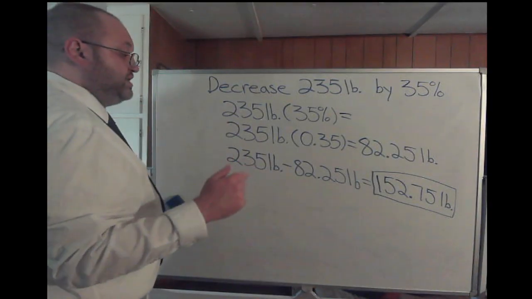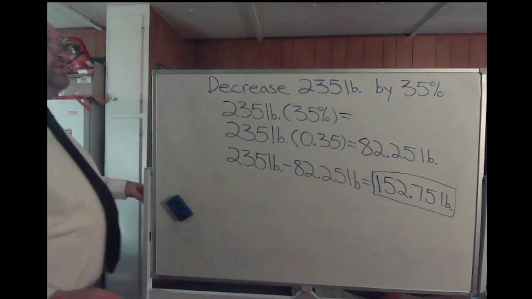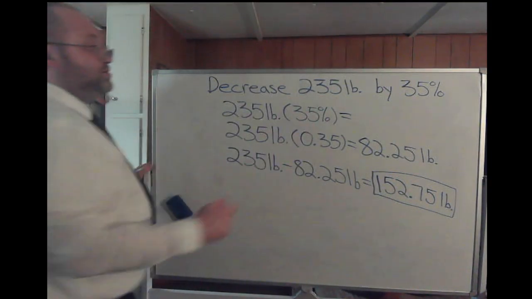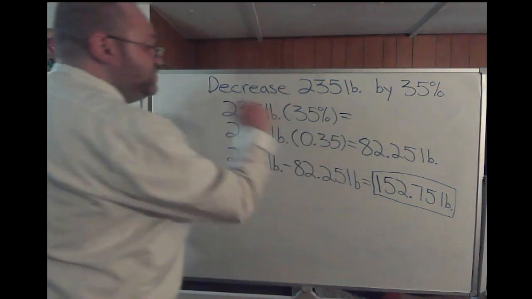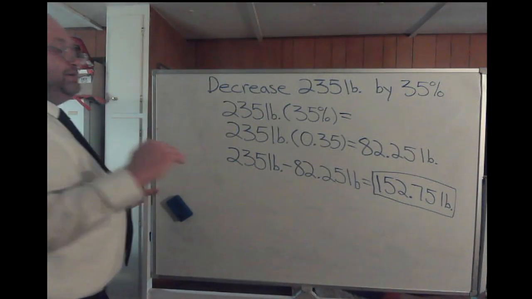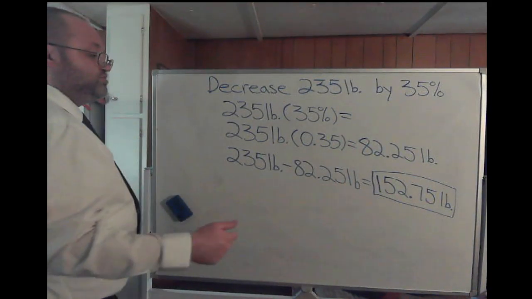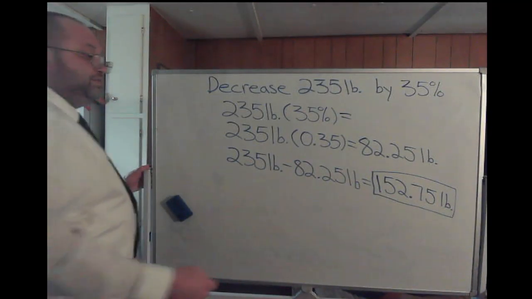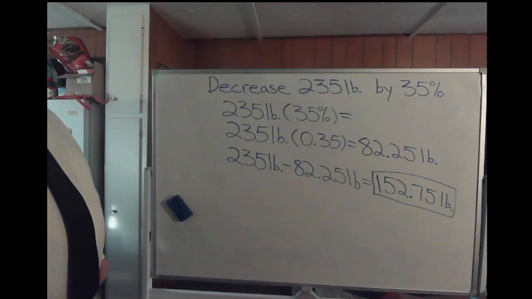Then if it's a decrease, you take the original minus the amount of change and you'll get what it should be. If I wanted to increase my weight from 235 by 35%, I would still figure out the change, the percentage of 235, but instead of subtracting it from the original, I would add it to the original and I would get a bigger number. So that's all there really is to percents of change.